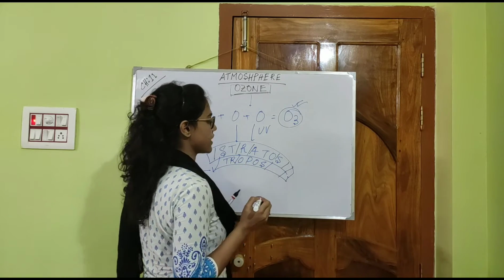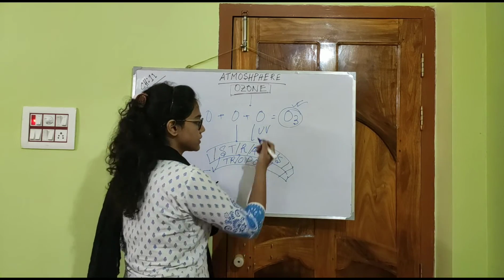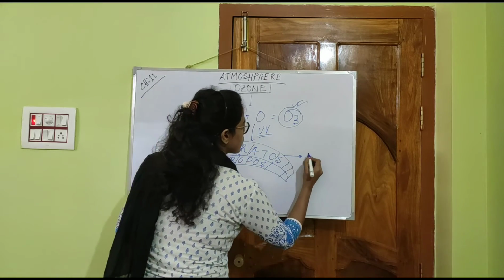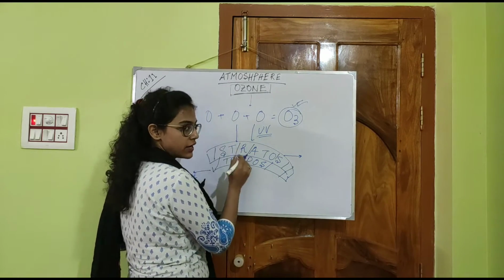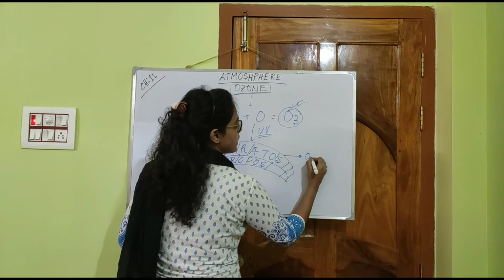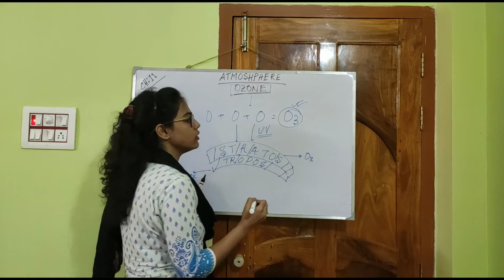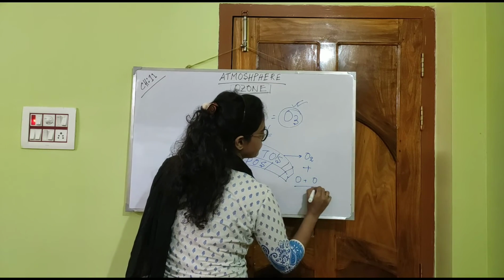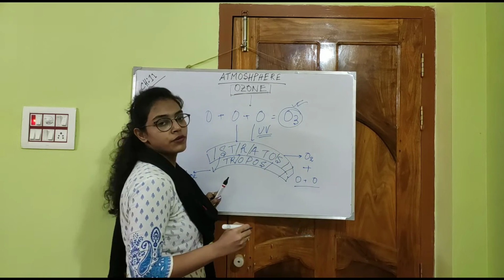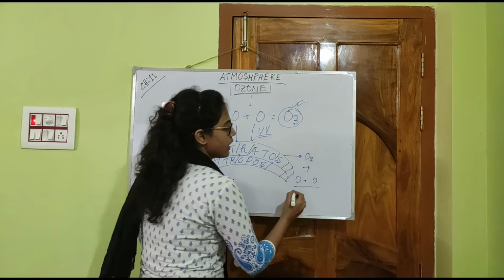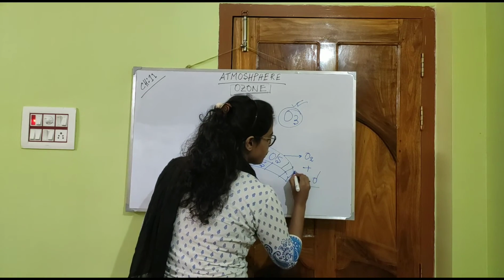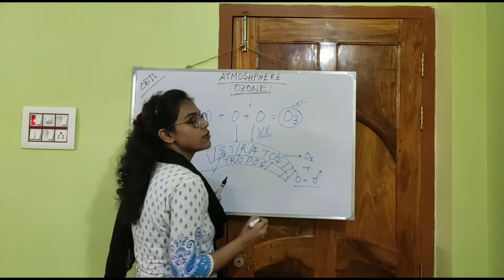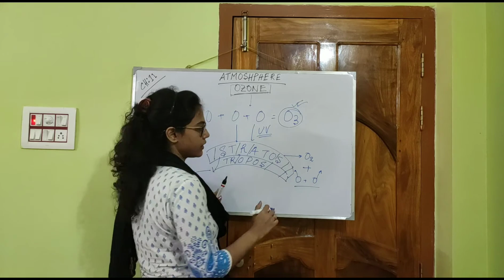Then the oxygen molecule in the stratosphere layer is divided into two atoms by the UV ray, and these two free oxygen atoms are moving very fast in the stratosphere layer.